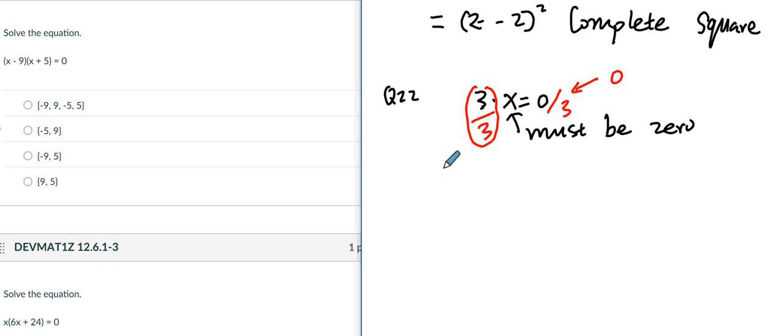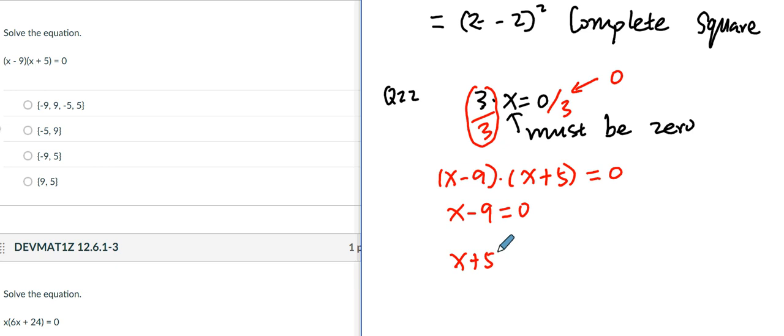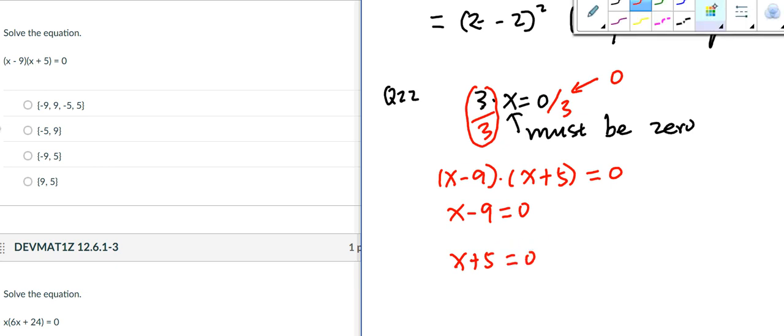For the factoring, when you have x minus 9 times x plus 5, this is one factor times another, then either x minus 9 is 0 or x plus 5 is 0. 2 possibilities.